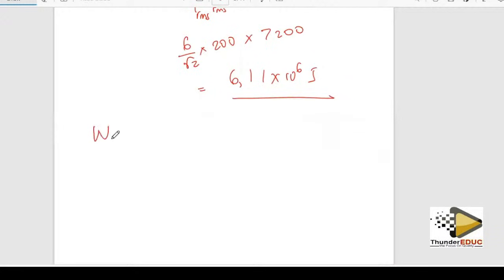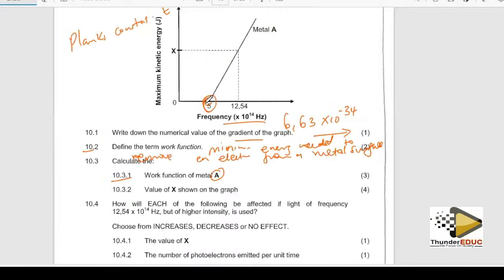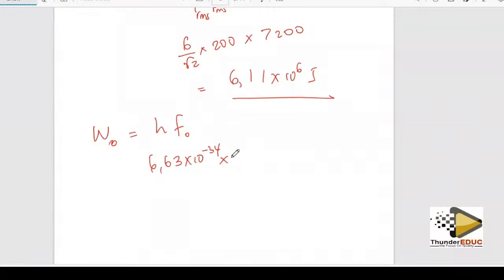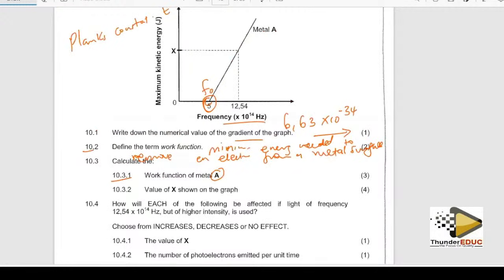We know that the work function W naught is given as h times f naught, because this 5 represents our f naught. So Planck's constant is 6.63 times 10 to the negative 34, and we are multiplying this by 5 times 10 to the 14. Is that true? Yes.